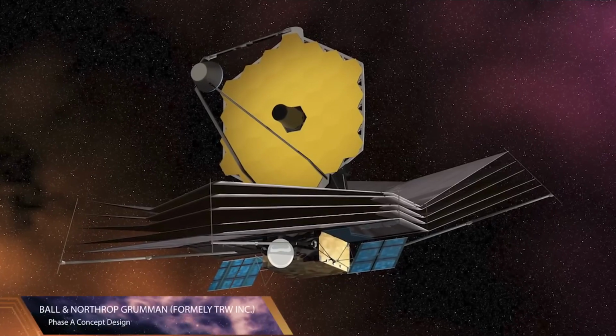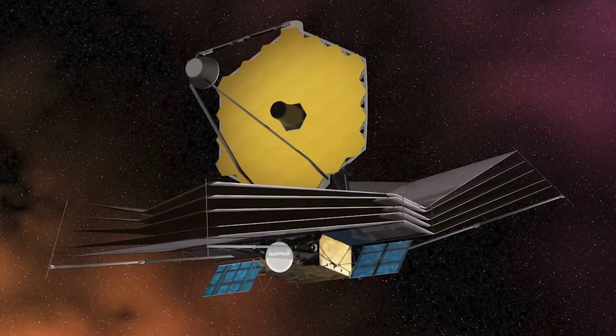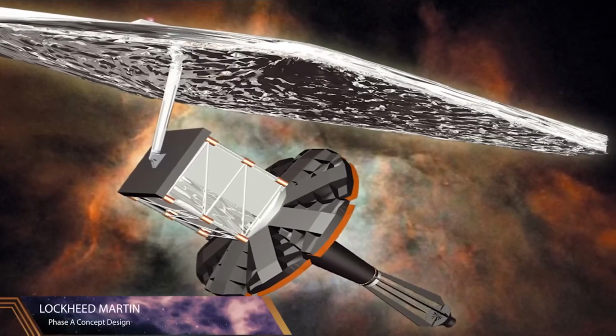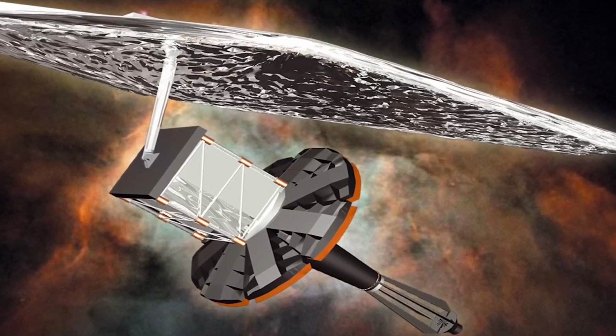And then we ran the bigger competition to do the Phase A study. That's the one where TRW teamed up with Ball Aerospace to give us one idea, and Lockheed Martin gave us another idea. So both could have worked. Both were excellent engineering ideas, but we eventually, after a long discussion, said, okay, TRW, you're the ones.